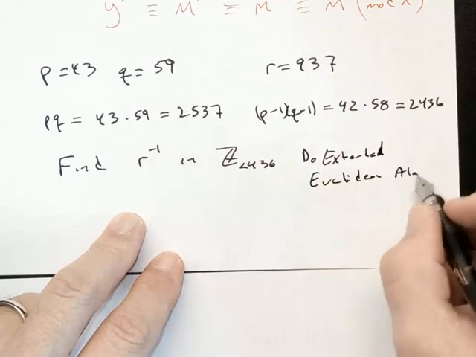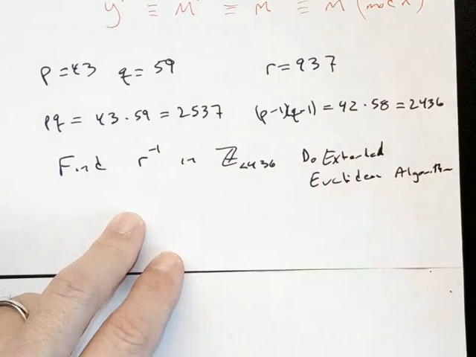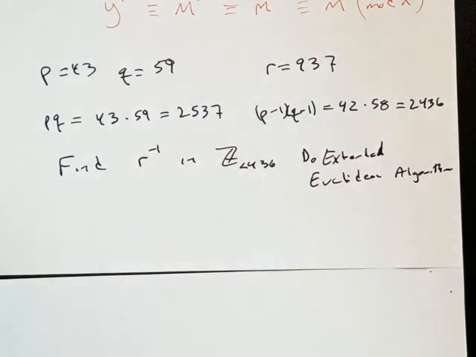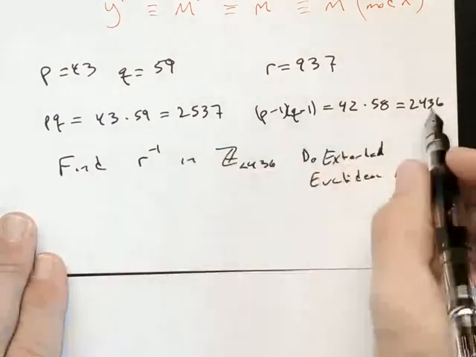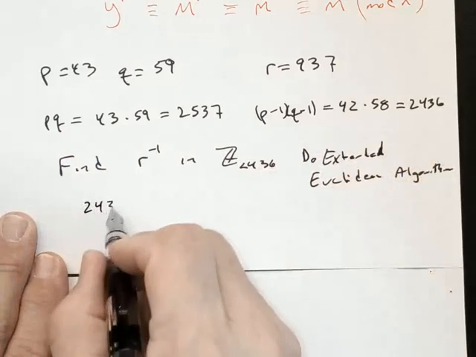This is why we do most of this on the computer, because the following process is not short. So, to do the Euclidean algorithm, I do divisors. I do 2436 is something times 937 with something left over.